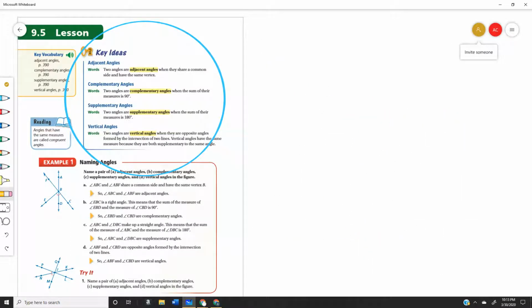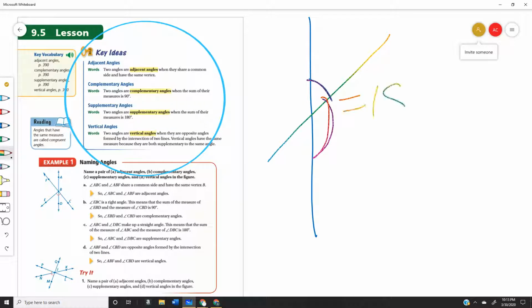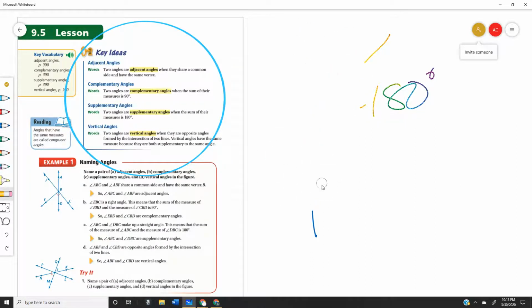So for instance, they could be that, and so this one and this one would be supplementary angles, but they equal 180 degrees. Either way they go, it doesn't matter. They equal 180 degrees. Okay.